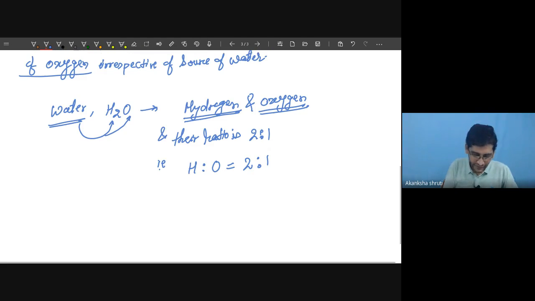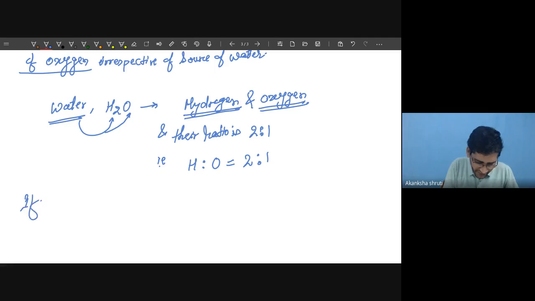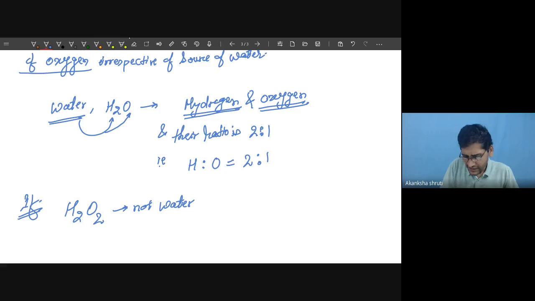Default is 1. Say if you are changing, if in place of H2O you are writing it like this, it is not water. It is not water, but a new compound is formed. Means if the ratio is changed, though the combining elements remain the same, it is not water, but a new compound.